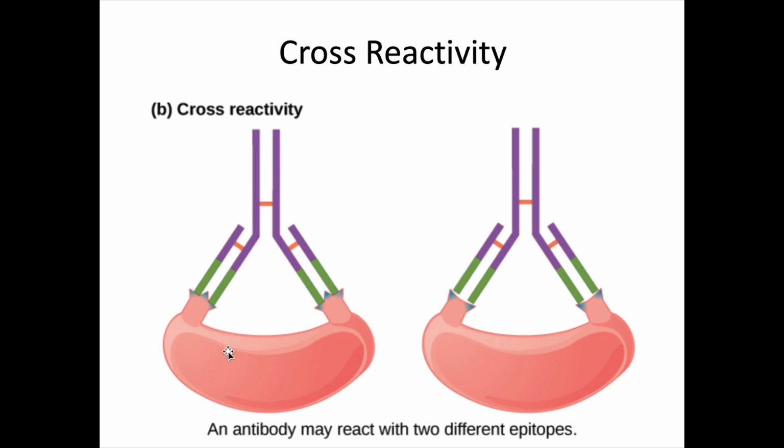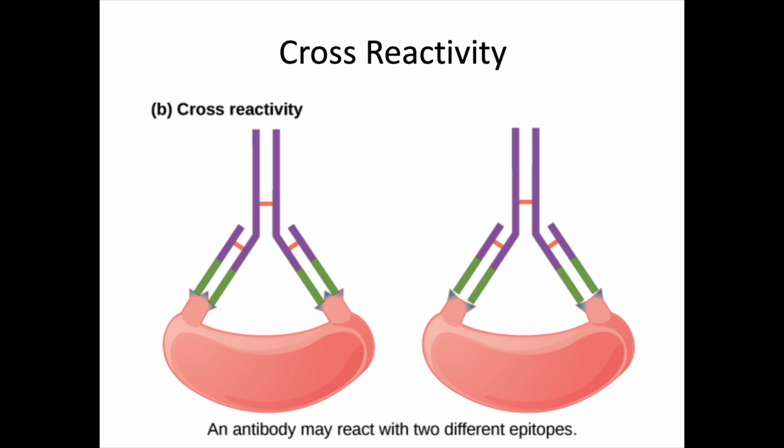So let's say you had an immune response to this particular antigen with this weird, 3 spiky epitope. Now you've got antibodies that recognize this epitope. Well, here's a different antigen with a slightly different epitope, but it is close enough to where these same antibodies will also recognize the epitope of this antigen.